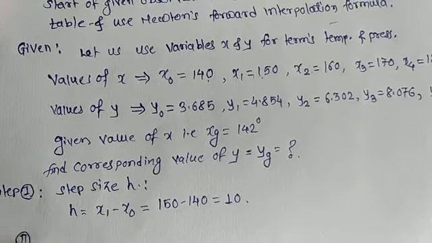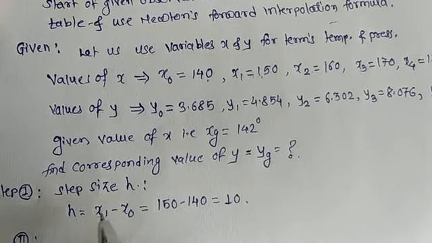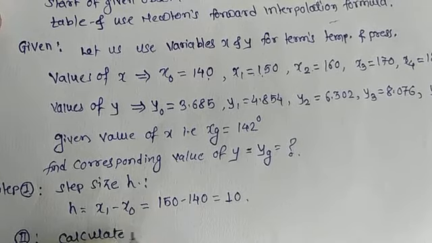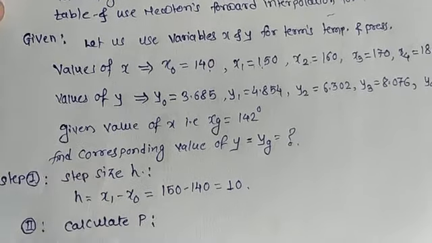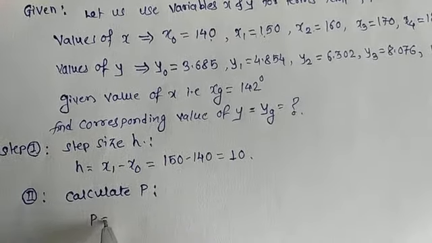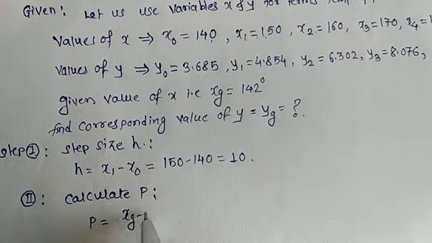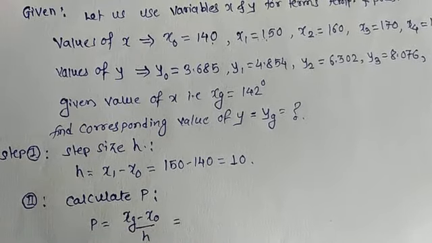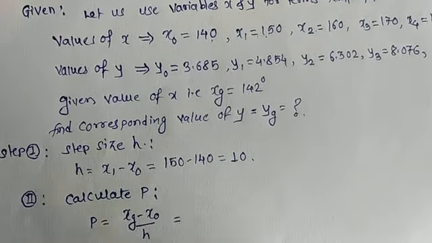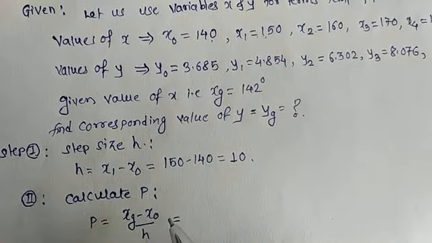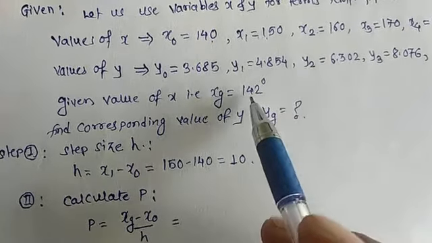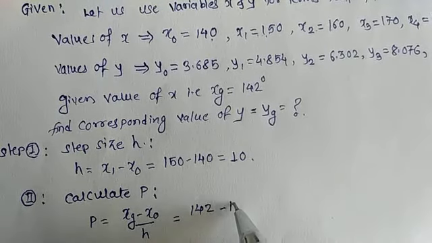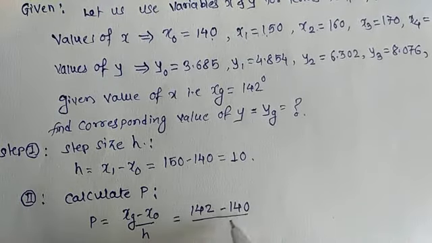Next, step 2, calculate p. The formula for p is xg minus x0 upon h. The given value of x is 142 and the initial value is 140, divided by 10.